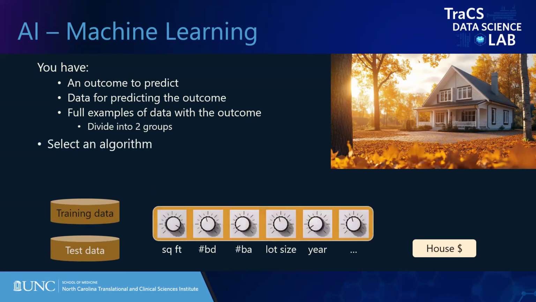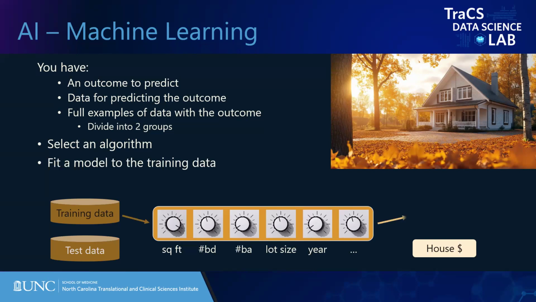Then we'll select an algorithm that we want to use for this model. And there are many different types of algorithms out there. And the one that's going to work best will depend a lot on what your data look like and how you want to use your model. And sometimes people try and actually compare several algorithms to see which one ends up working best for their case. And we can think about the algorithm here as a set of knobs that can be adjusted.